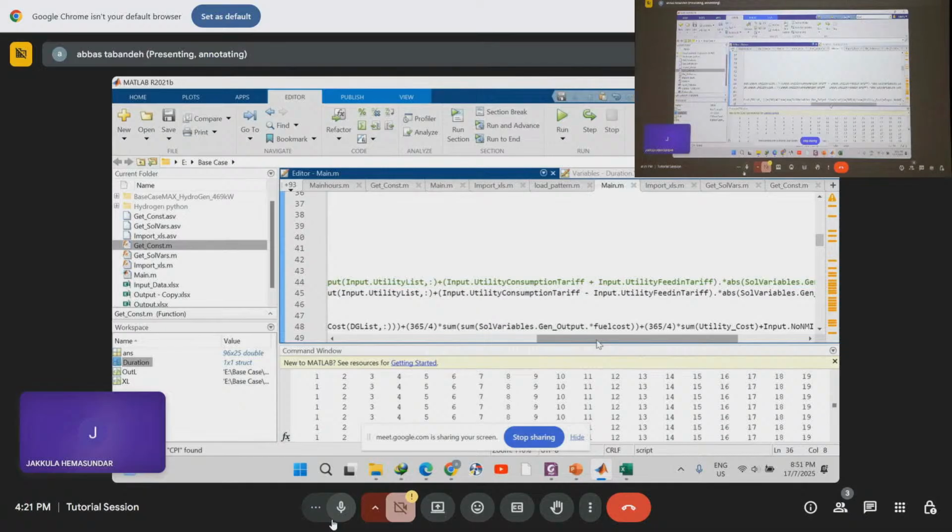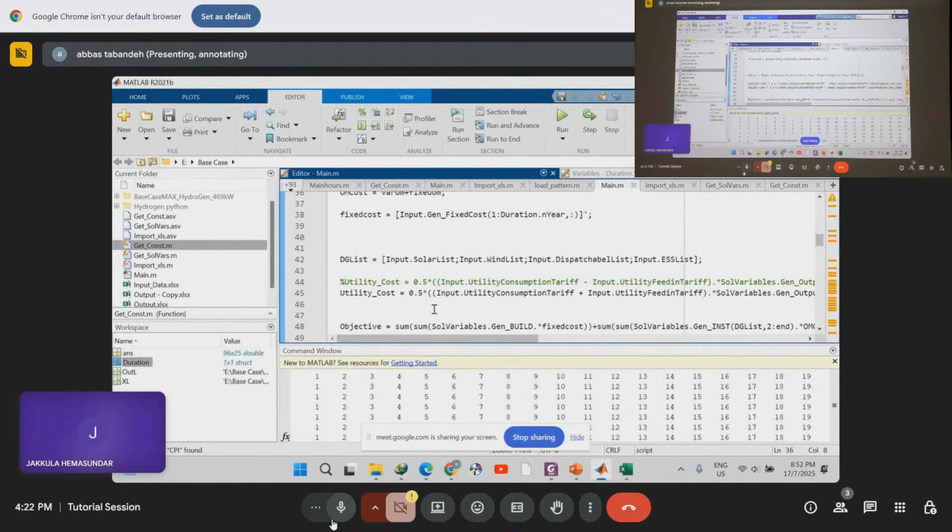The total operational cost is the amount of electricity that we buy from the grid, minus the amount of electricity that we sell to the grid. So these are the operational costs, or also the fuel cost. We need to consider them as well.